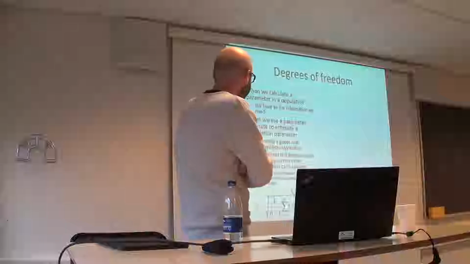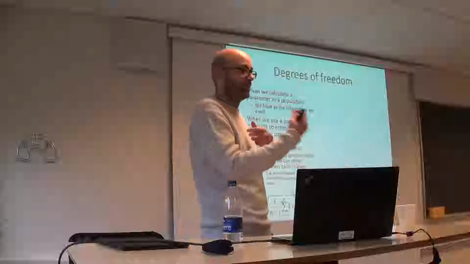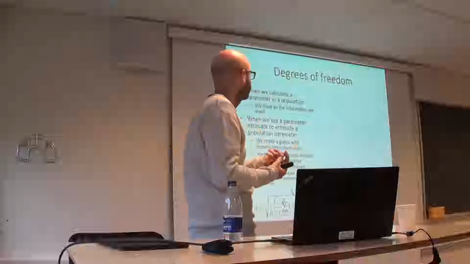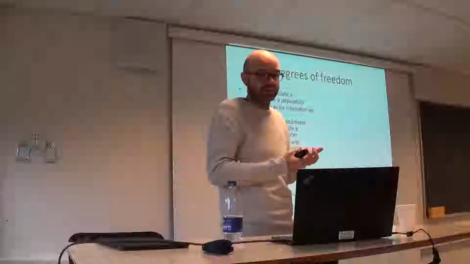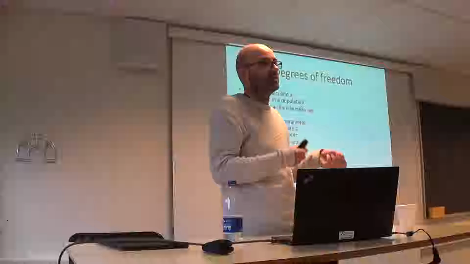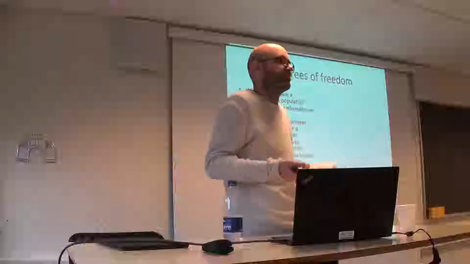When we use a parameter estimate, when we use sort of a guess, to estimate a population parameter, we need to use incomplete information because that's the nature of guesses. Guesses are on the basis of some information, but not all.